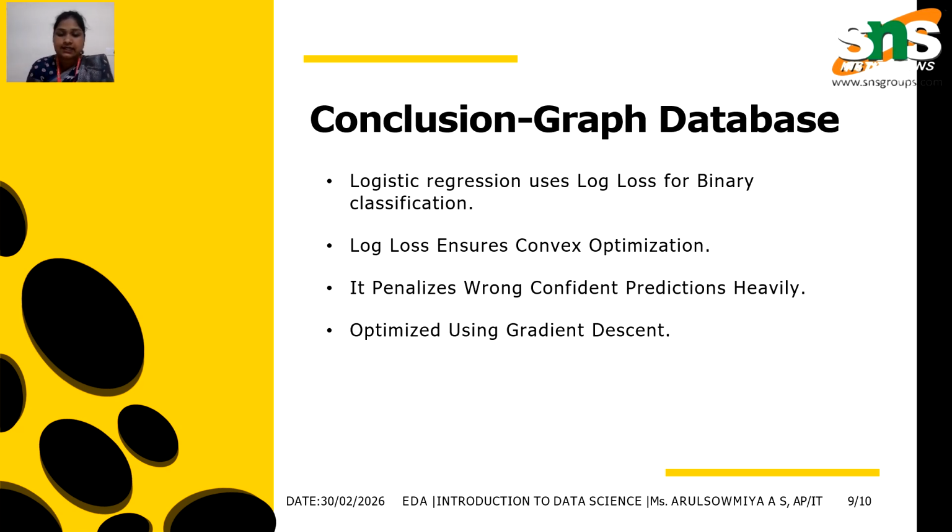Unlike linear regression, which predicts continuous values, logistic regression predicts the probability that an input belongs to a particular class. It does this using a function called the sigmoid function, which maps any value into a range between 0 and 1.